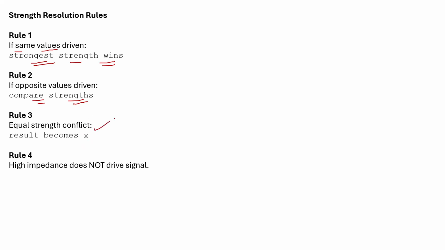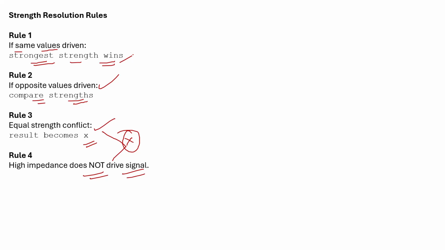Equal strengths with opposite values means a conflict will occur. High impedance means not driving the signal; if no one is driving the signal, we get high impedance. We need to avoid these two cases. These other cases are allowed, because one has high strength and one has less strength, and the same signals with different strengths are also allowed.